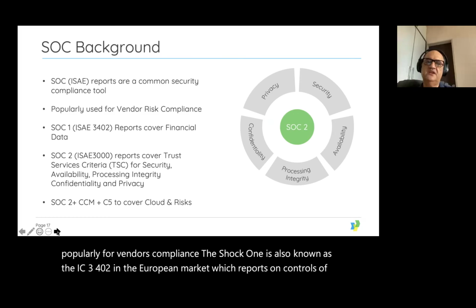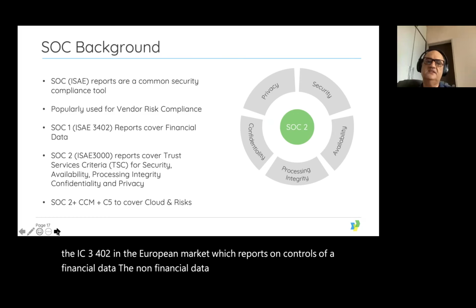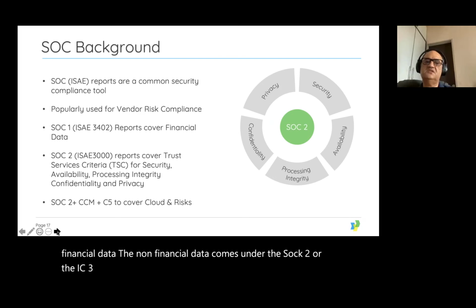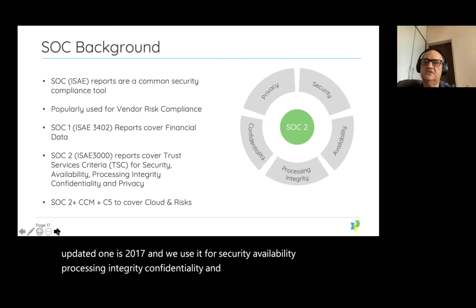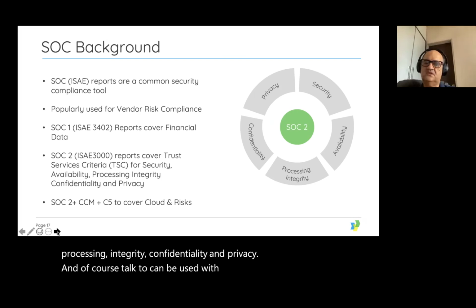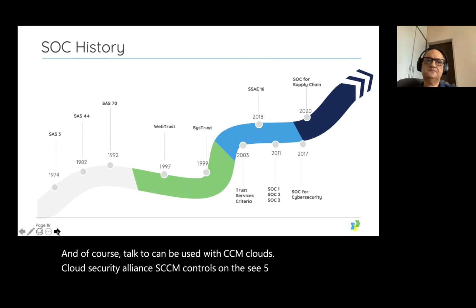The non-financial data comes under the SOC 2 or the ISAE 3000, which uses the trust services criteria. The most updated one is 2017, and we use it for security, availability, processing integrity, confidentiality, and privacy. And of course, SOC 2 can be used with the Cloud Security Alliance's CCM controls or the C5 controls to report on the cloud risks.